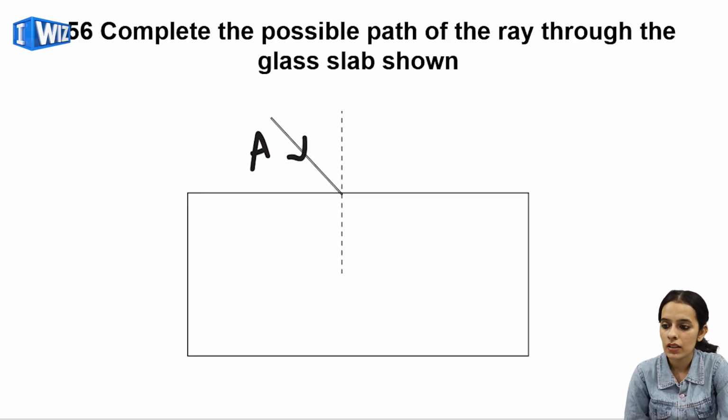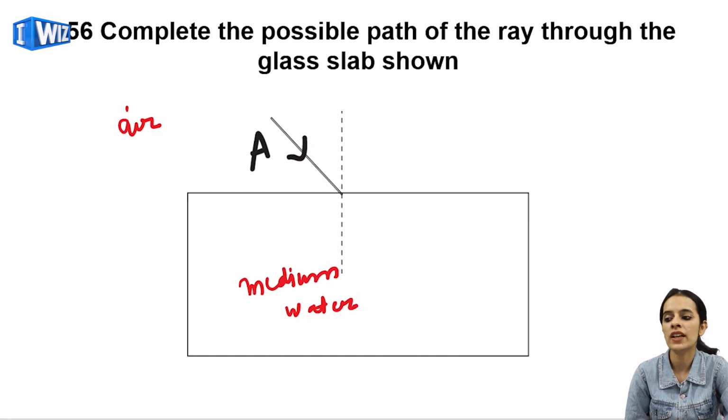Complete the possible path of the ray through the glass slab that is shown below. Here, first of all, let's say a ray of light is coming from air and it is entering into a denser medium, let's say water, right? So as we know, when light goes from a rarer medium to a denser medium, it always bends towards the normal.